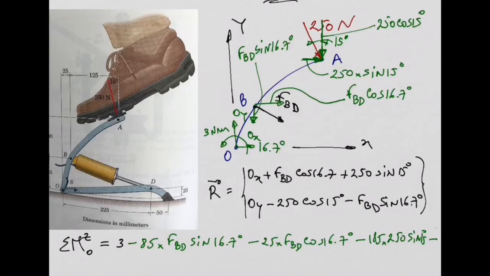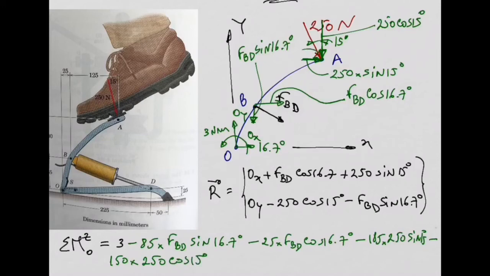the distance I need to consider now is this one from here to here, right? Which is how much? 150? 125 plus 25, isn't it? So minus 150 times that force, which is 250 cosine 15.